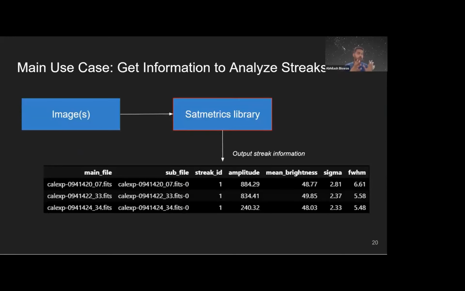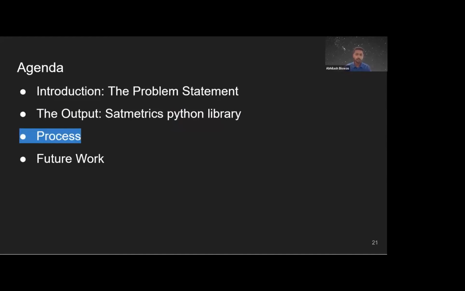So at a high and simple level, the SatMetrics library can take in a wide range of images containing satellite streaks, and if those images have a streak, then detect that streak and output basic information about the streak that can lead to further analysis downstream. And all of this is in the hope that generating more analyzable information on this topic can draw more attention towards this problem and support possible policy interventions.